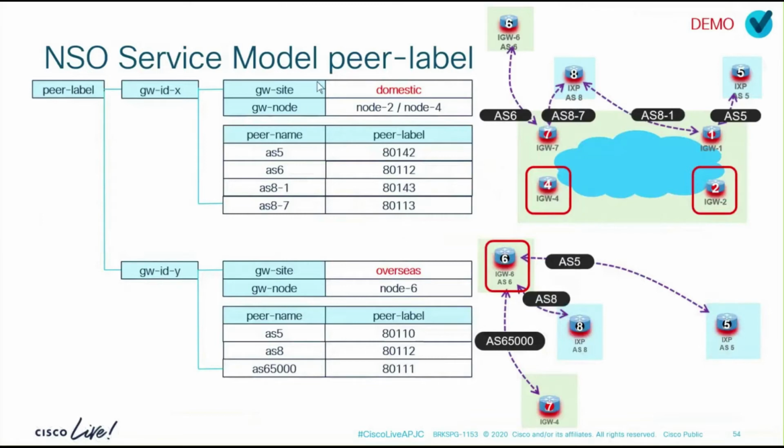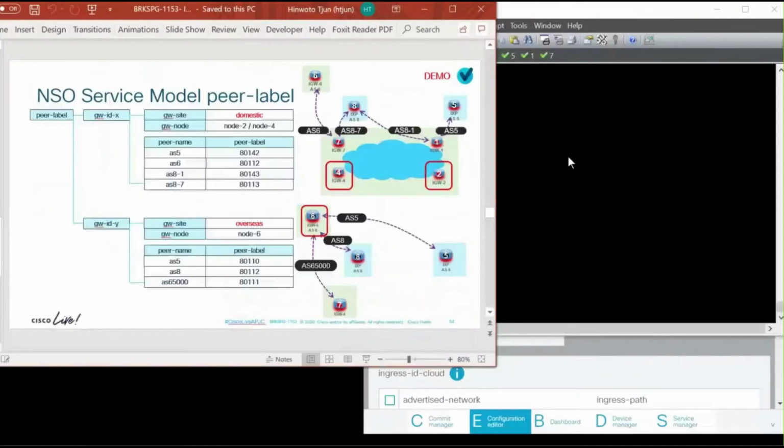So we assign it here on the peer label in the NSO service model. Let's say in this case for the AS5, this is the peer label, the BGP peering SID. Then it's configured on routers 2 and 4, and also on router 6.